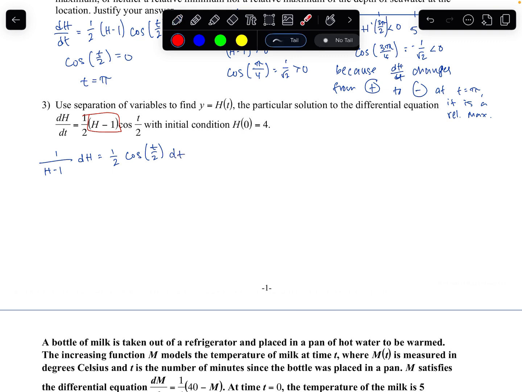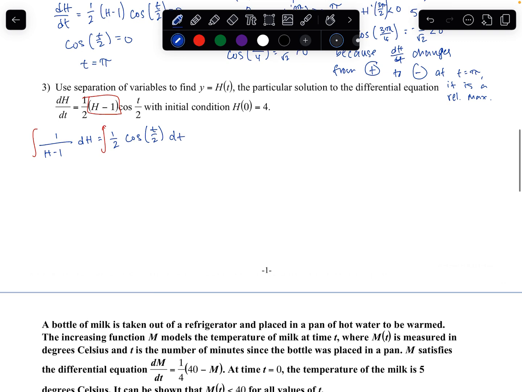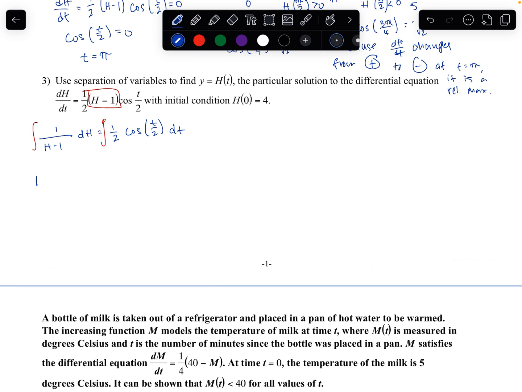Now that I have it separated, let's go ahead and take the antiderivative. Here I have a linear factor, h minus 1, so this is going to be the natural log of h minus 1, equal to the antiderivative of cosine, which is going to be sine.